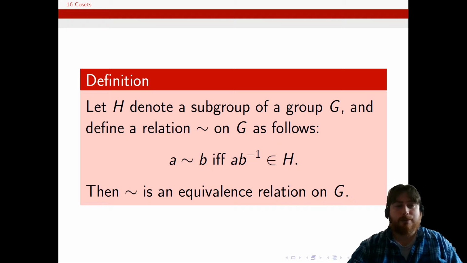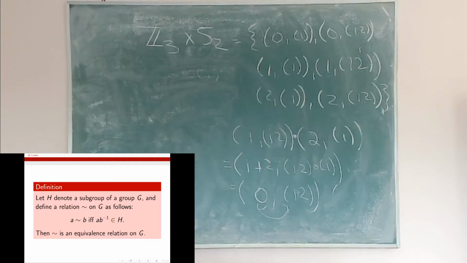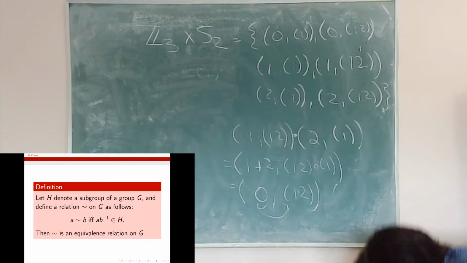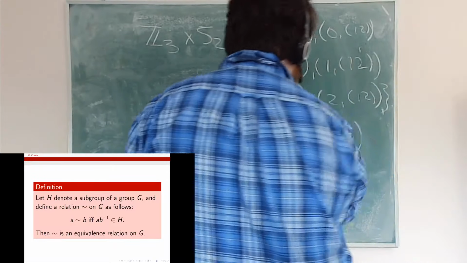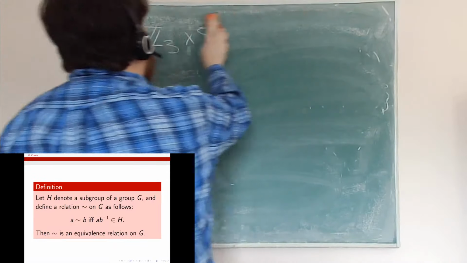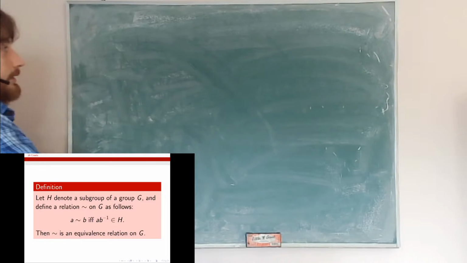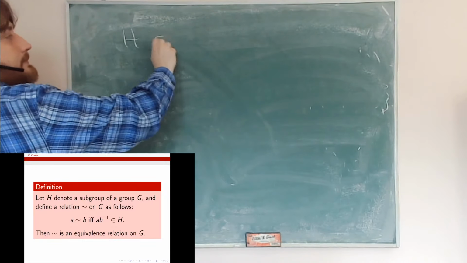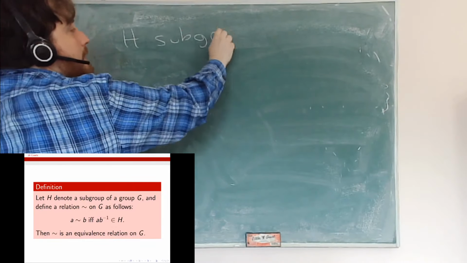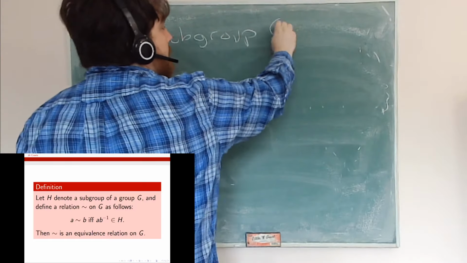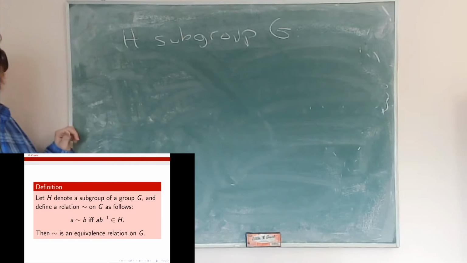So what do we need to show if we want to show that's an equivalence relation? Now we're going way back. Very good. So it has to be reflexive, symmetric, and transitive.